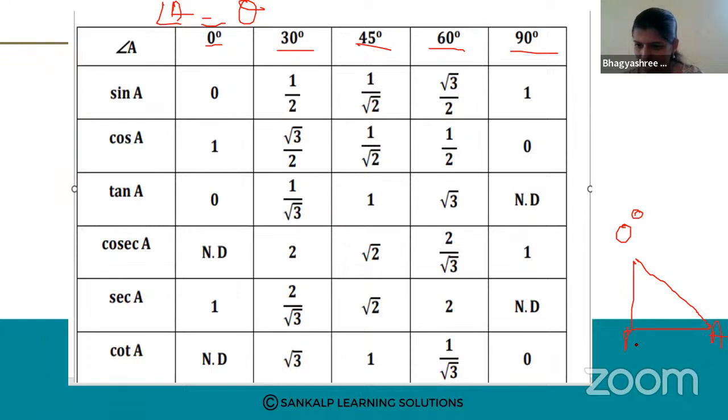A, B, C, if you consider, see, this is a right angle triangle. Angle B is 90 degree. Our theta is at point A. Then you call it angle A. So we call it sin A, cos A, tan A. Why? Because our angle lies at point A. Right? Next, angle A, these are the angles: 0 degree, 30 degree, 45 degree, 60 degree, 90 degree. These are some standard angles.